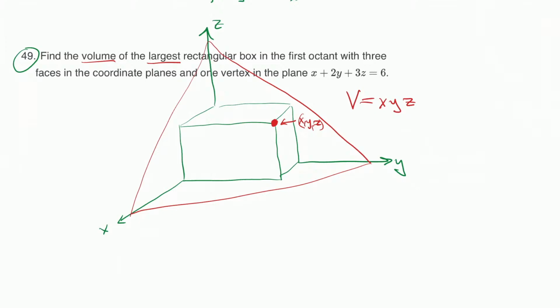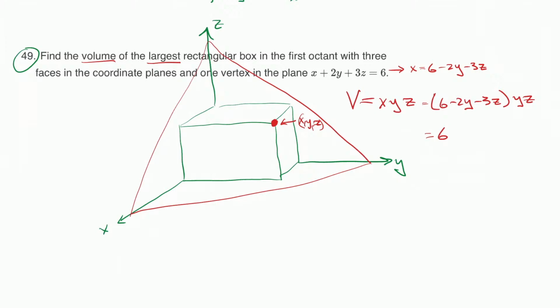And so we could take this and we could say that, well, whatever box I have, the x coordinate of the box will be 6 minus 2 times the y coordinate minus 3 times the z coordinate. So my volume I could write as 6 minus 2y minus 3z times y times z.